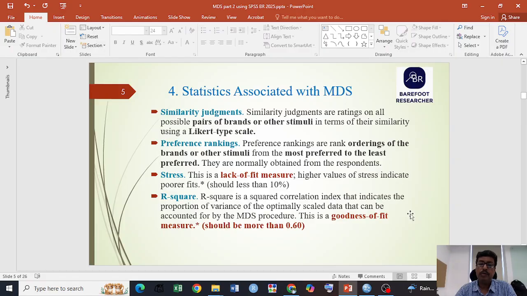When we run the MDS, we look at the lack of fit measure. The stress value should be less than 10%, and R square is a squared correlation index that indicates the proportion of variance of the optimally scaled data that can be accounted for by the MDS procedure. It should be more than 0.6. We'll see both.